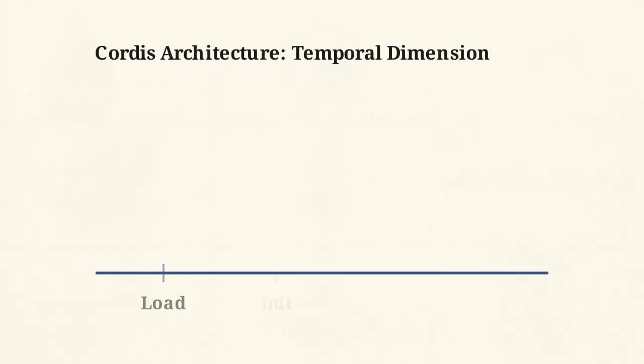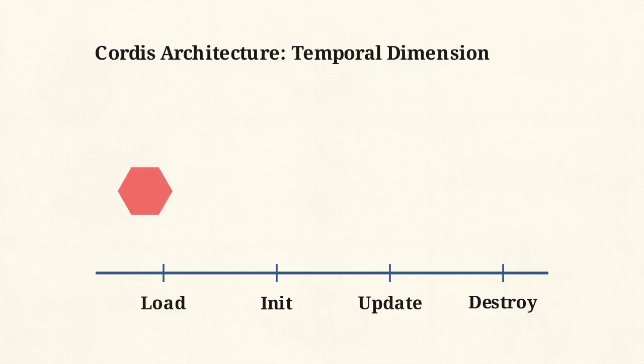This timeline on the x-axis represents the temporal dimension, the state of the system as it moves through load, init, update, and destroy phases. Moving a system through these lifecycle phases is straightforward until you hit the update phase. Mutating state while a system is actively running is where most architectures break apart.